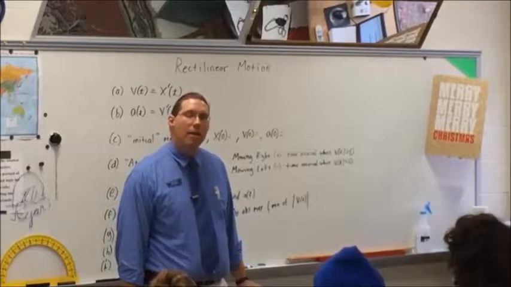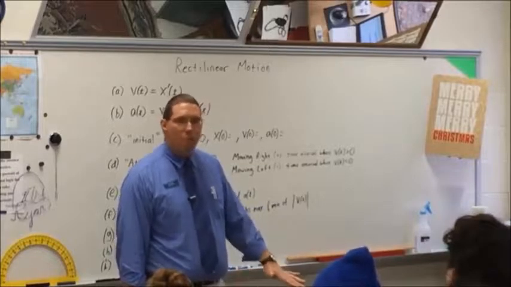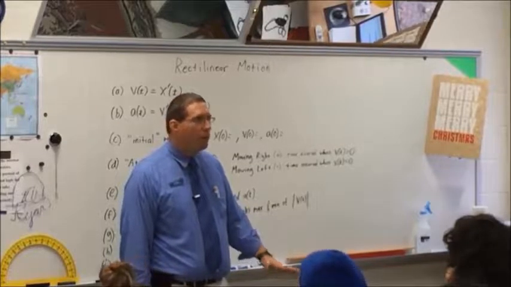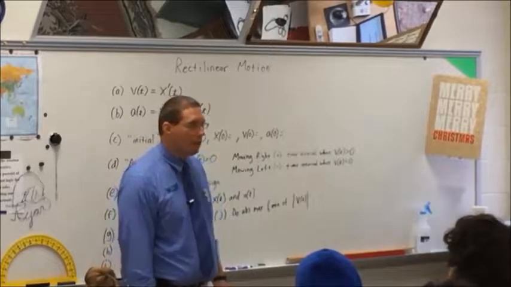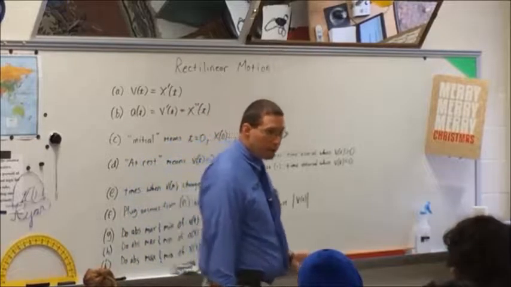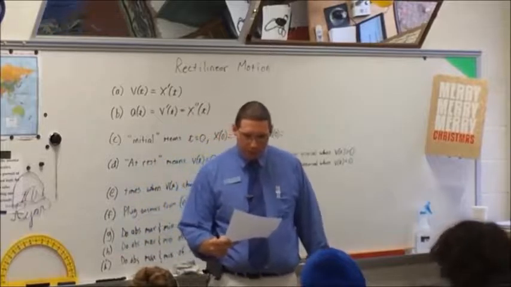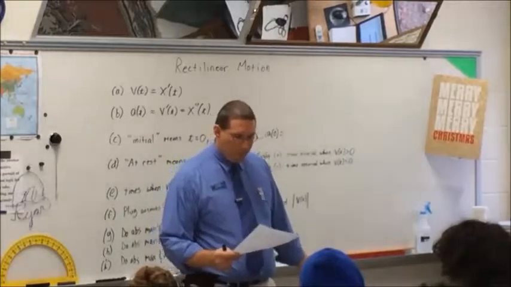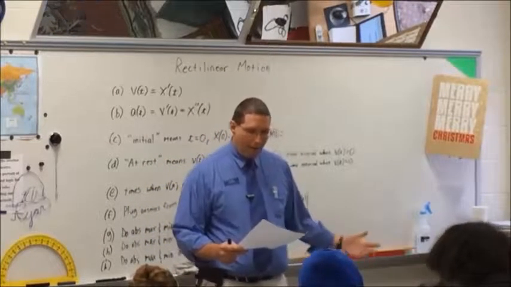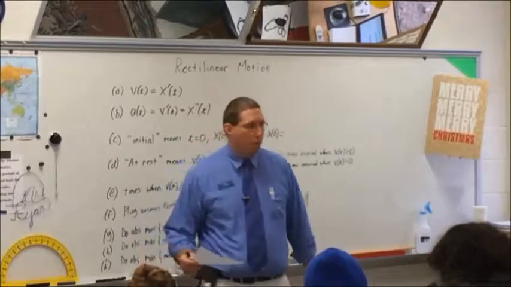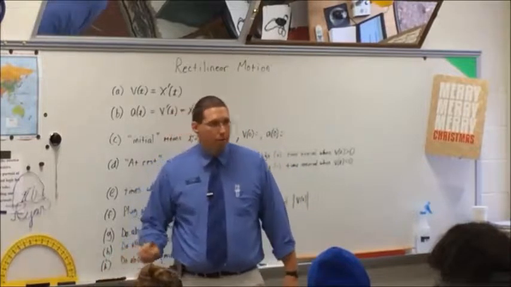That means at rest. If the object is ever at rest on that interval, then your minimum speed is automatically 0, which means it can happen multiple times. In fact, when you look at my key, you'll note that when I answer that question, I put minimum speed is 0, and then I gave all the times when the object was at rest.